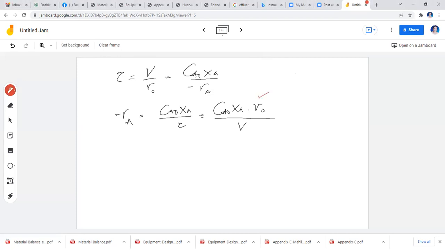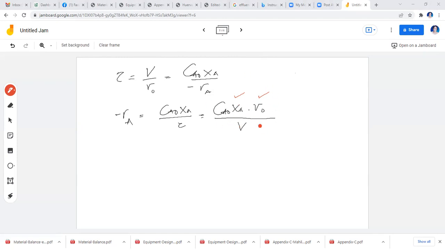This one, the V sub O, and the conversion. That is what is written here, CaO XA and V sub O. Correct, Jericho. Very good. And Via, you have CaO XA. So both your V sub O, the volumetric flow rate, and the XA vary.